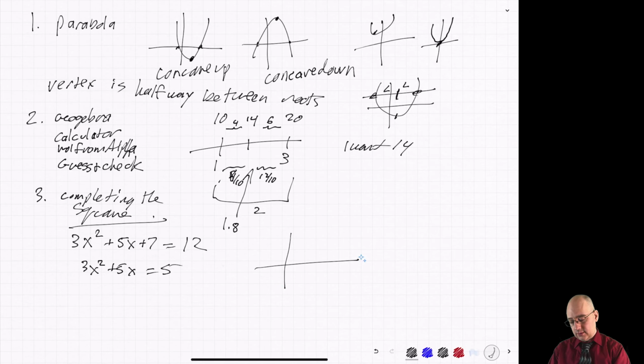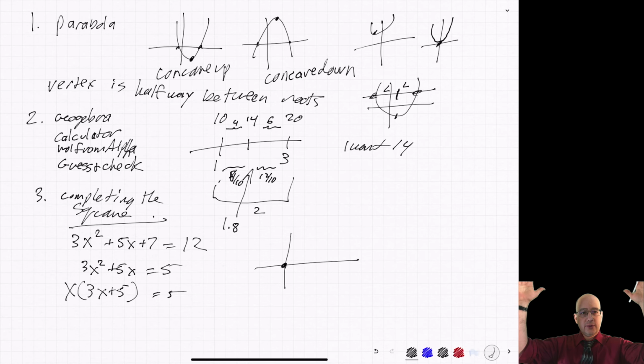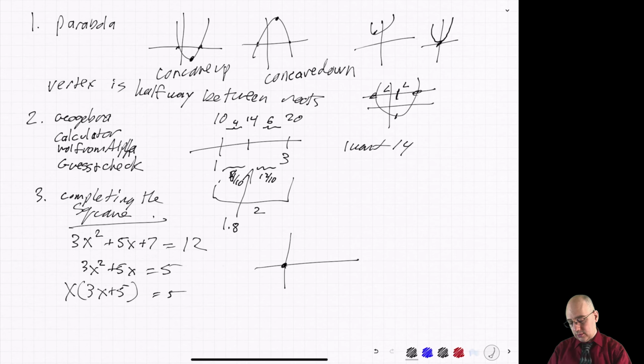So here's my idea. Right, so you have x times 3x plus 5. So you have 0 is one root of this thing. I've got a positive coefficient in front of x squared, so that means it's going up. And 3x plus 5, so if I were to solve that, I get x equals minus 5/3.